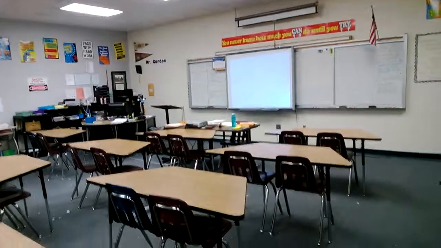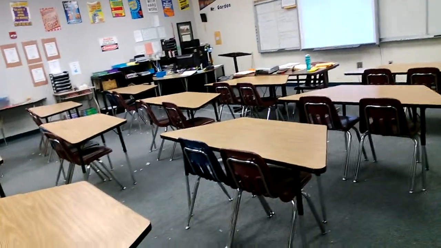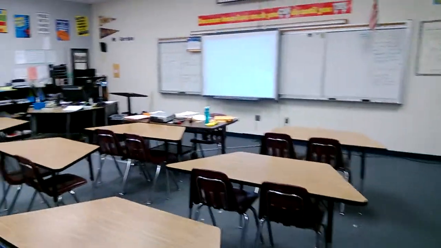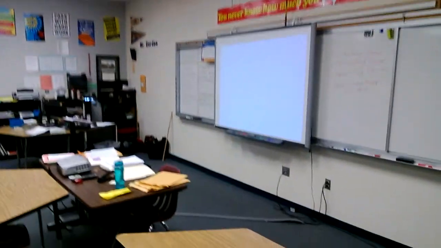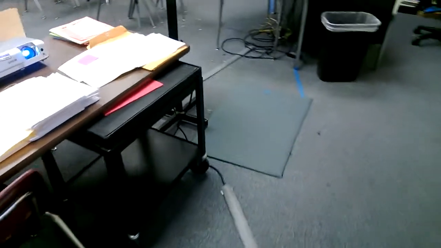Now, for safety issues, I've made sure to comply with fire and safety codes. Less than 25% of the walls are covered. I also covered up wires that may be tripped on.